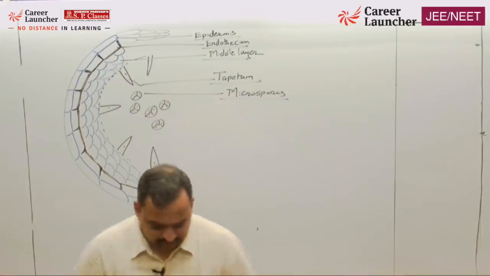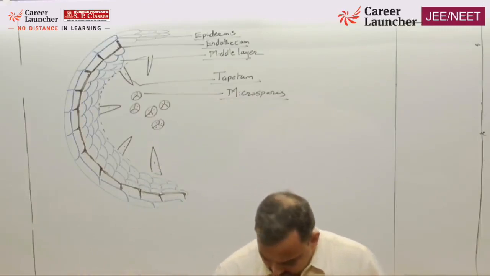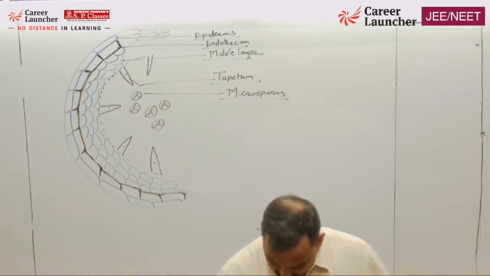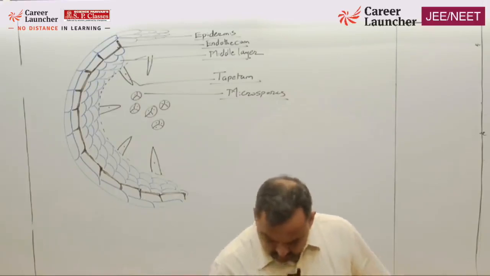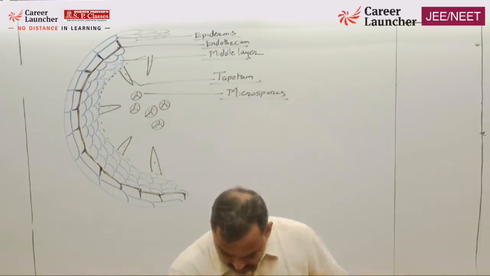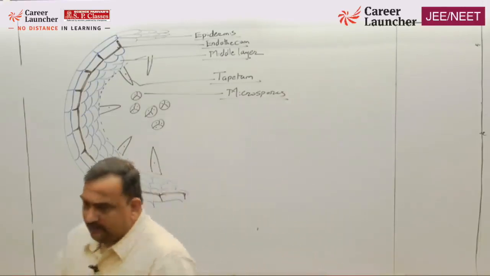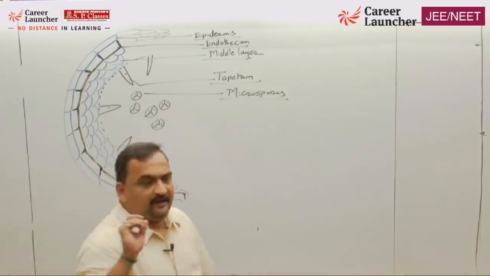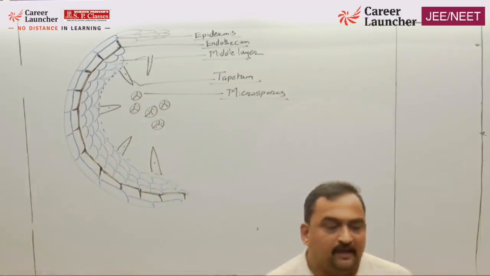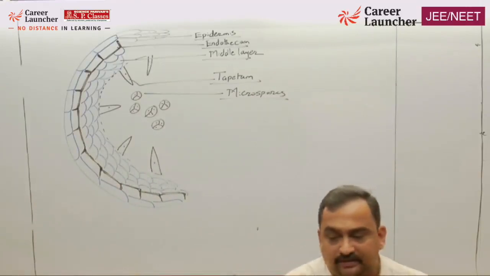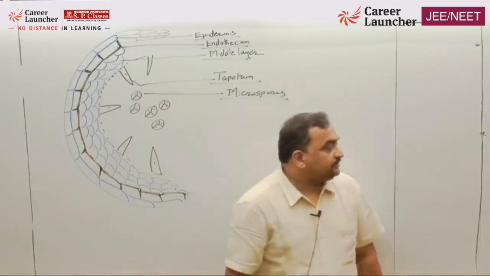Epidermis. Single layer, flat cells, protective. It consists of a single layer of flat cells, they are protective in nature.